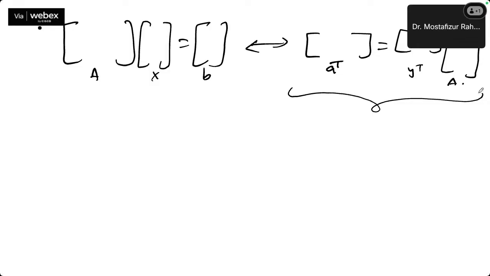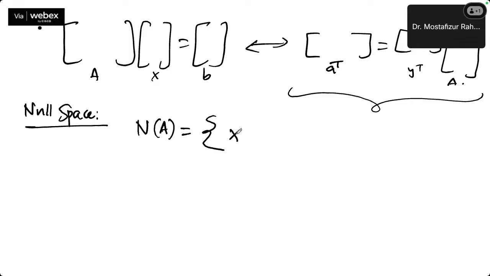I have some time, so let's define the null space. The null space of the matrix A is the set of X for which AX equals the zero vector.